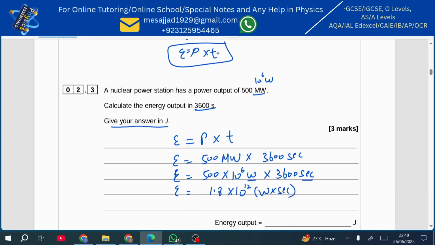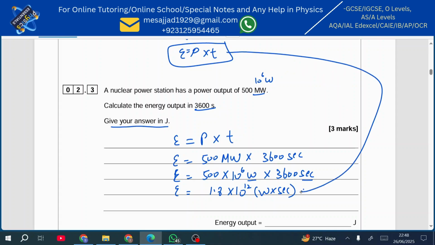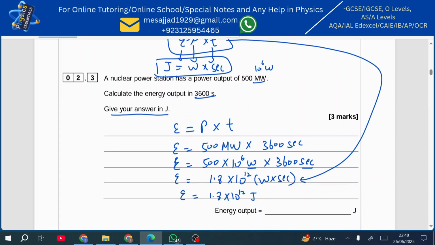And in the formula you can see on the right hand side, this is watt and this is second. So when watt is multiplied with second, you actually get joules. Okay, remember that. So you are going to write the answer as joules.